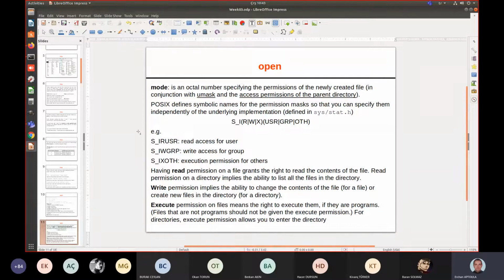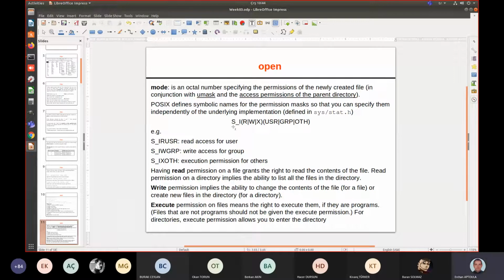So let's say that you want to create a file. Is this file supposed to be accessible by the user? Is it supposed to be executable? Is it supposed to be writable? Is it supposed to be writable by the user, by the owner of the file, by the group of users, or by everybody else? So somebody needs to determine those permissions. You can provide those permissions at the moment that you try to open the file, so indirectly creating it.